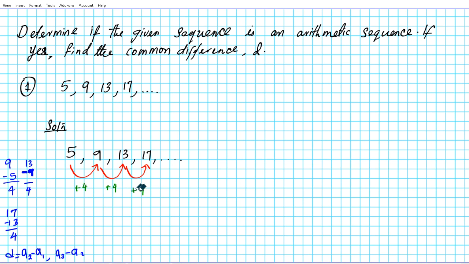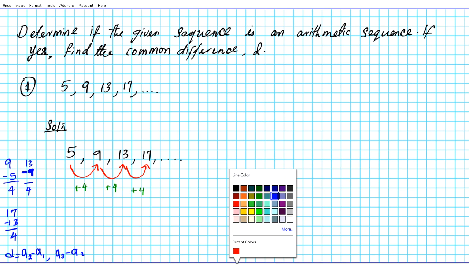So whenever you have a situation like this, this is exactly what an arithmetic sequence is. It's a sequence of terms where consecutive numbers have the same common difference, or the difference between consecutive numbers is exactly the same.